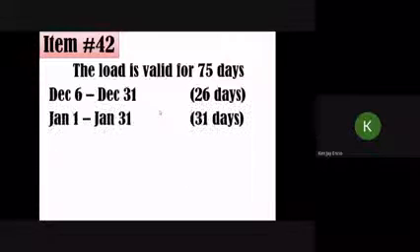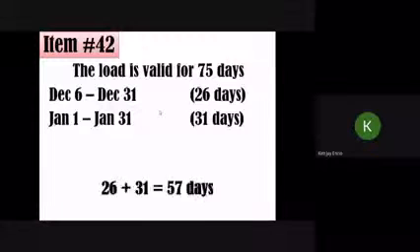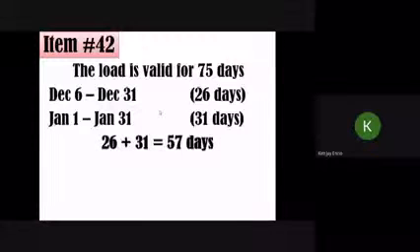From January 1 to 31, that's 31 days. And if you add 26 and 31, it will give you a total of 57 days. Now, the load is not valid for 57 days only. It's valid for 75 days.